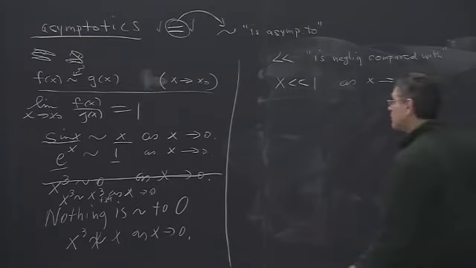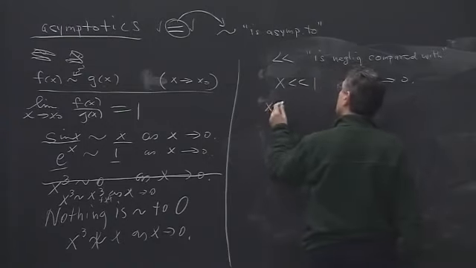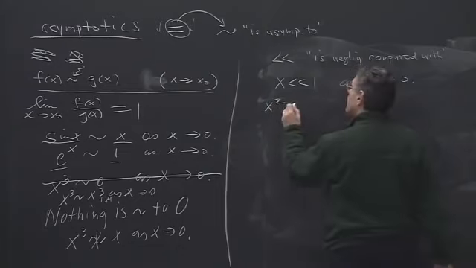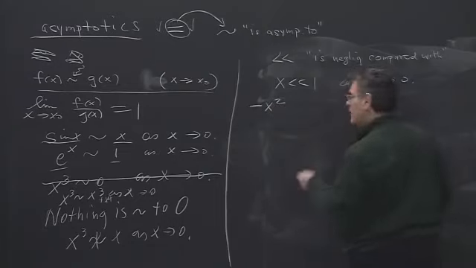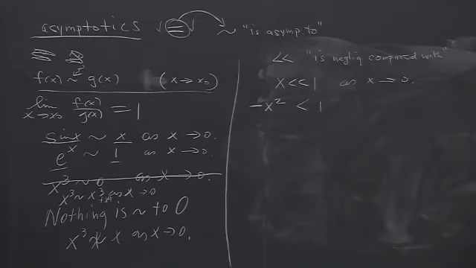So, for example, minus x squared is less than 1. That's certainly true if x is real. But 1 is negligible compared with x squared, or minus x squared, as x goes to infinity. So what does negligible compared with mean?